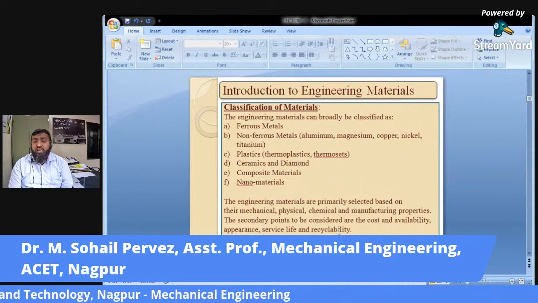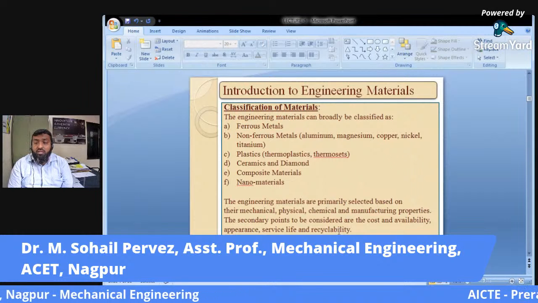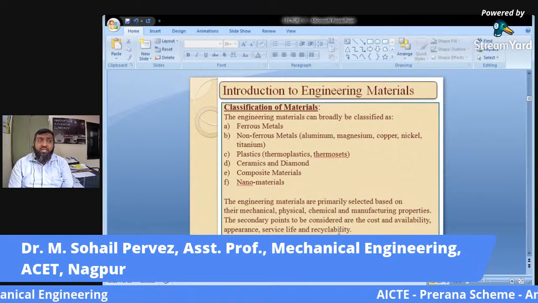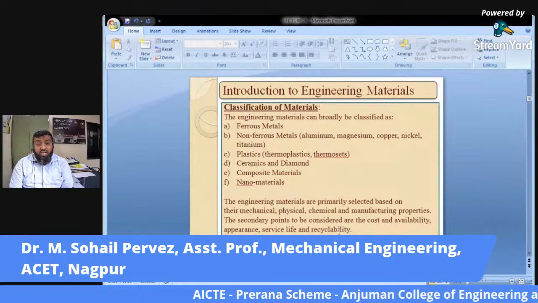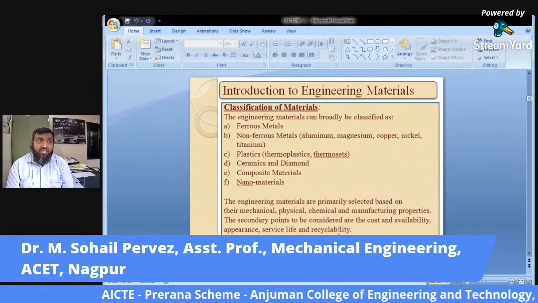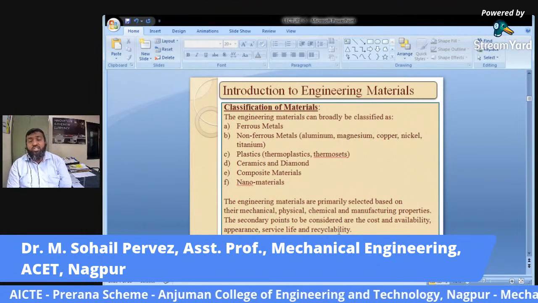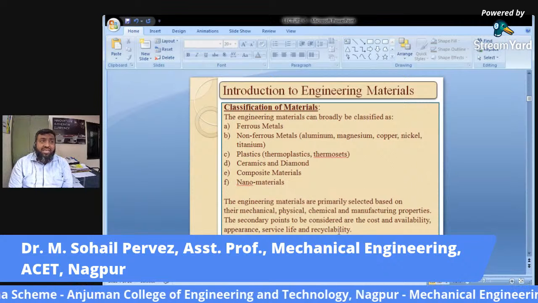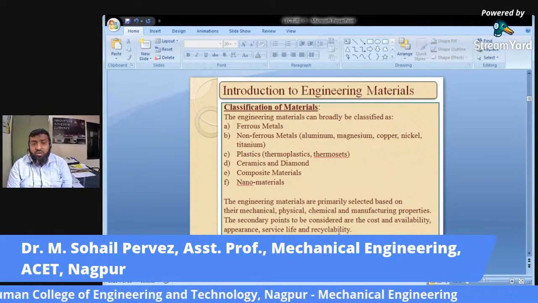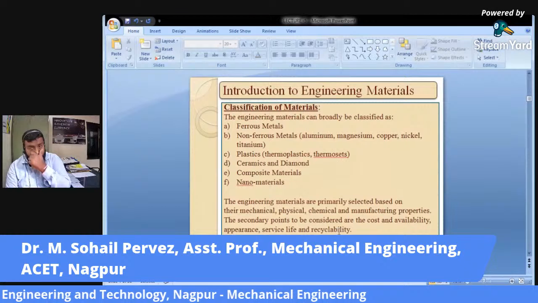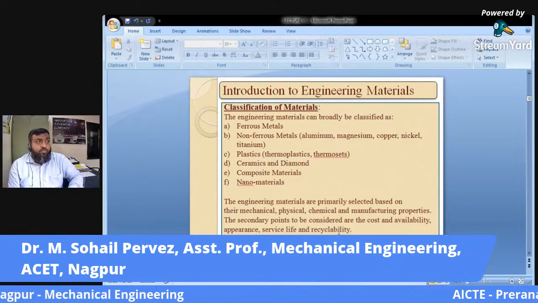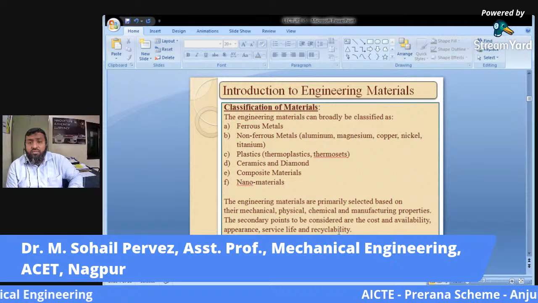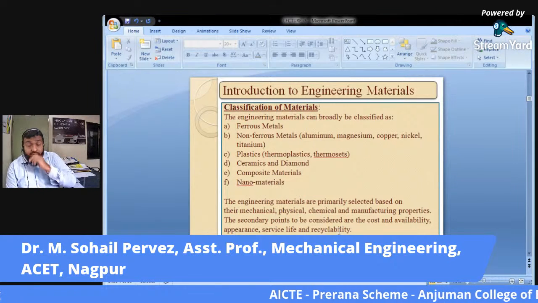Next is ceramics and diamond. Next is composite material, which is most widely used now. And the last one is nanomaterial. The latest innovations and research are going on using nanomaterials. We will see one by one the basics of these classifications.